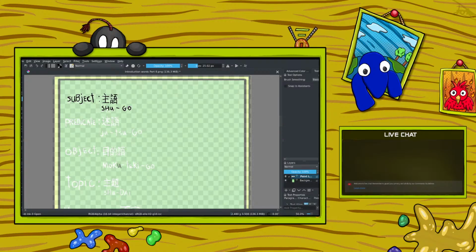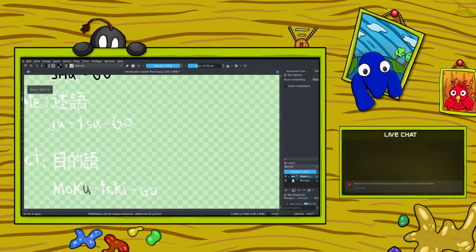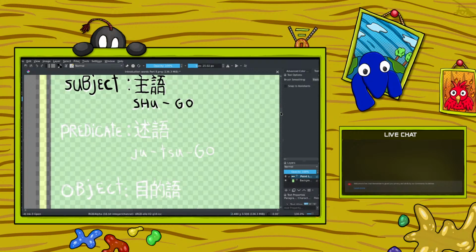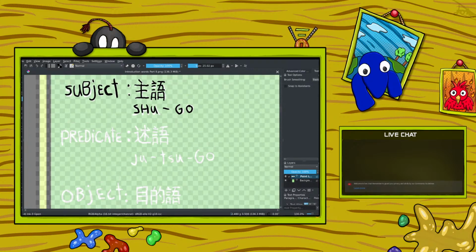There we go. I forgot I'm using a terrible pen for this. Oh well. I'm sure if I'm zooming in a little bit more, that actually works better. So now it's Jutsugo. So Jutsugo is then, of course, you know, predicate.